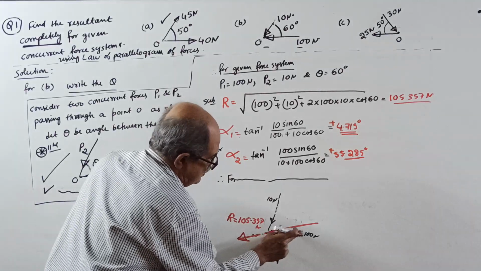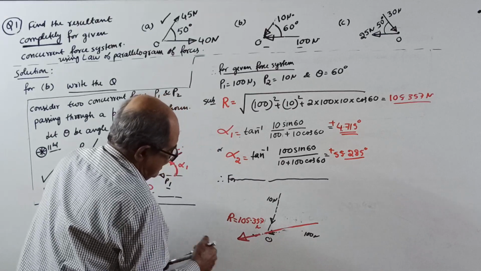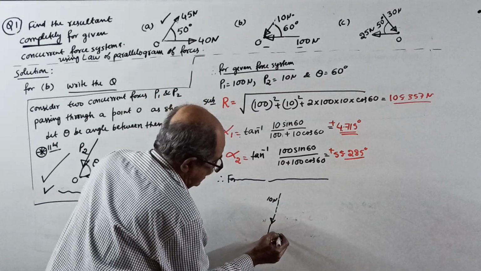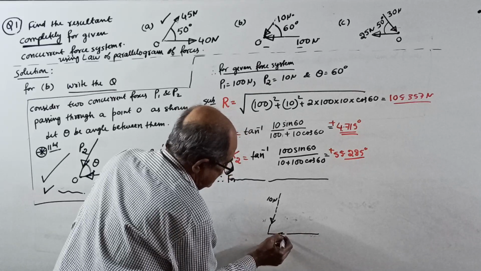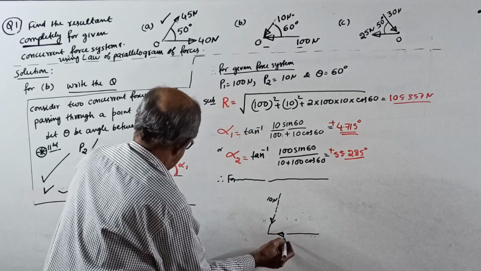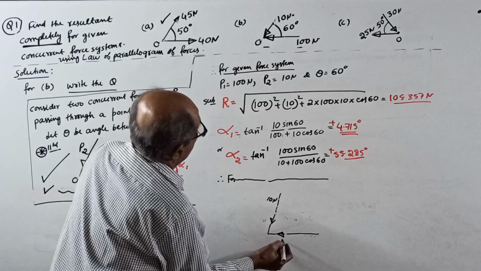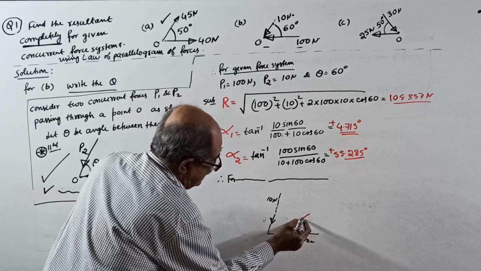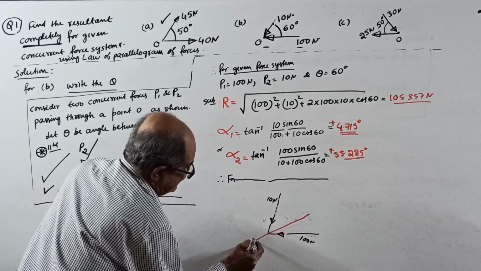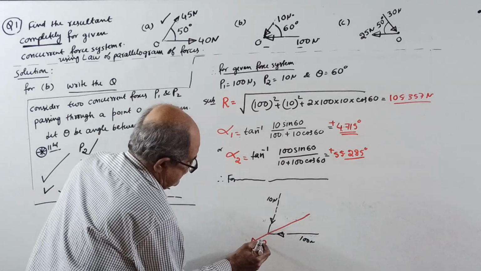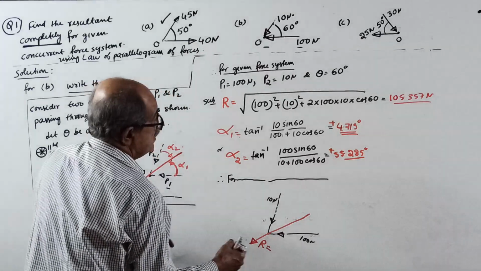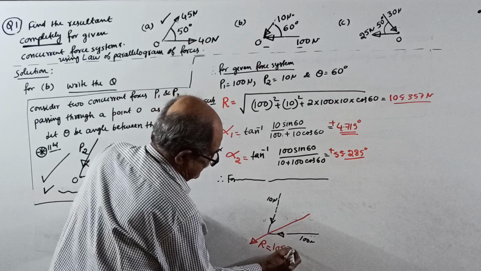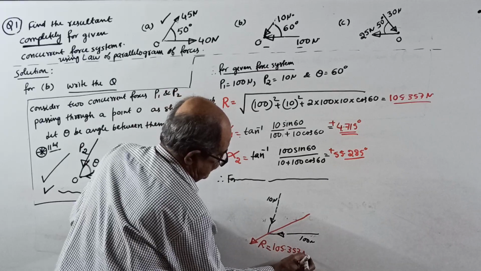Okay, I will do one thing now. Since it is not visible, I will slightly increase the angle. Otherwise, it is not visible for you. Okay. Out of scale. This is 100 Newton. Okay, I will make it slightly more, so that you can mark it. Resultant equal to 105.357 Newton.